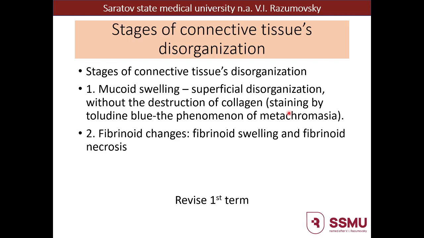That's why we may see homogenization of connective tissue structures, and in the reaction of toluidine blue with glycosaminoglycans, we may see the phenomenon of metachromasia. And macroscopically, we couldn't find any changes here.